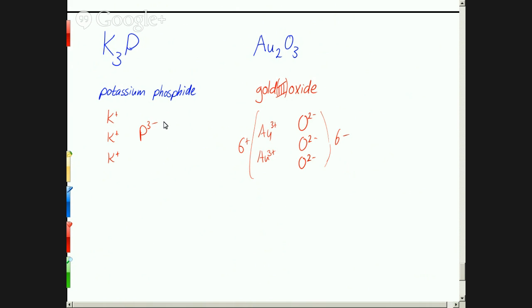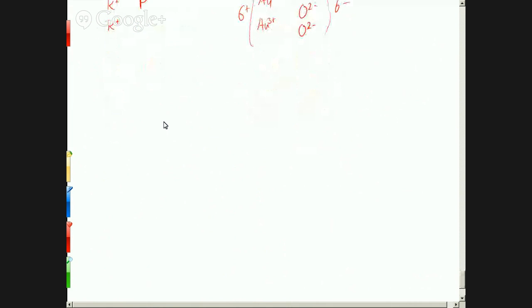All right, you ready to get trickier? Not trickier, just some more stuff in there. And we'll keep practicing this too. Okay, the next part of this that we've actually encountered before in lab is what we call the polyatomic ions. Polyatomic just means more than one atom.